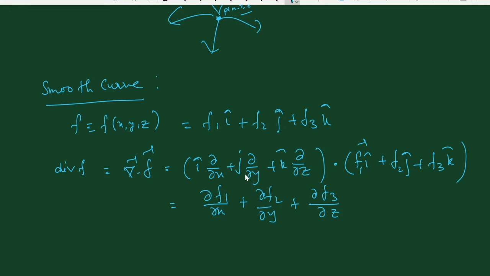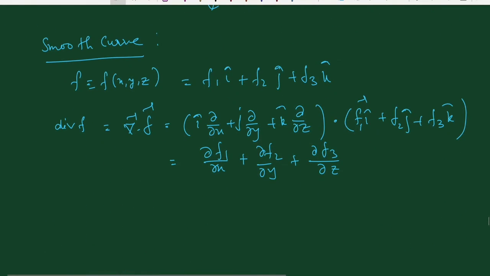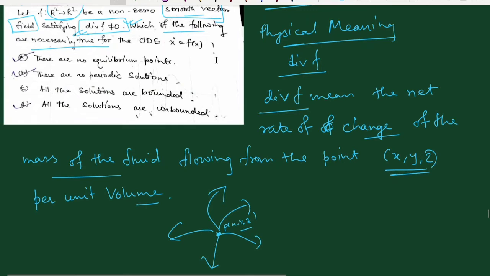Now divergence of f not equal to 0 is given in the problem. What do we mean by that? See, for the equilibrium point, how do we find the fixed point? Equilibrium point means we find the fixed point and we check the stability of the fixed point.